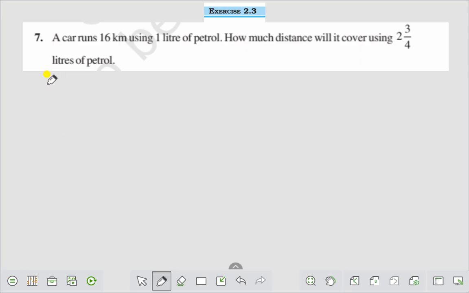Here we'll solve in this way that distance covered in 1 liter of petrol is equal to 16 km.